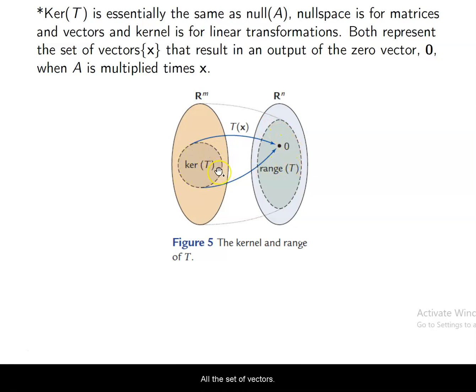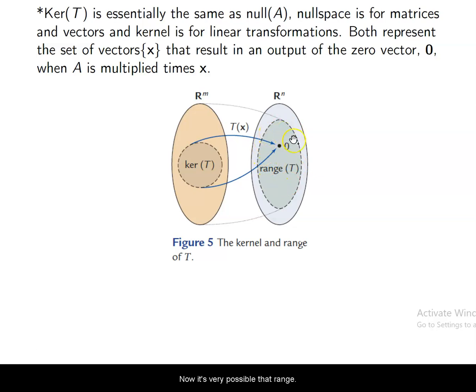All the set of vectors inside of your domain that when you plug them into your transformation go strictly to the 0 vector is inside of what we call the kernel, okay? So again, the entire domain, see this big outer little line here?